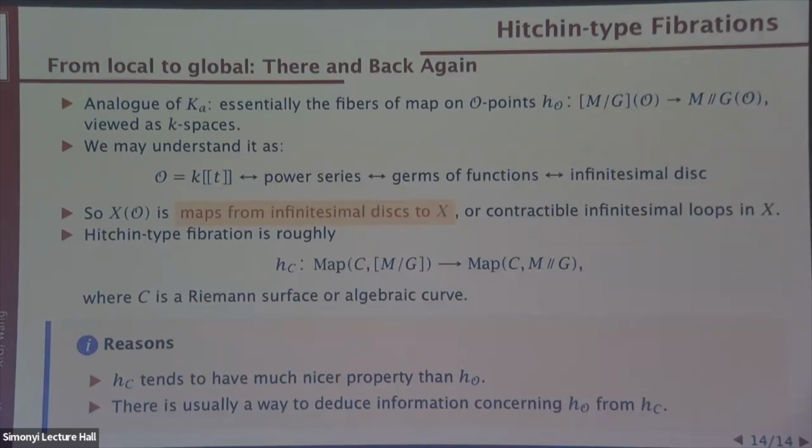What I can think of is that this map tends to be not flat, and the dimension can jump pretty wildly, while this map is flat and proper a lot of the time, or if it's not, in some cases you can expect some smallness from it. So it's pretty reasonable to expect that the global case is kind of an interpolation between smallness and flat and proper. You can hope to prove a lot of things about it, but for the local case, at least as far as I know, there's no good result about deforming the local family.